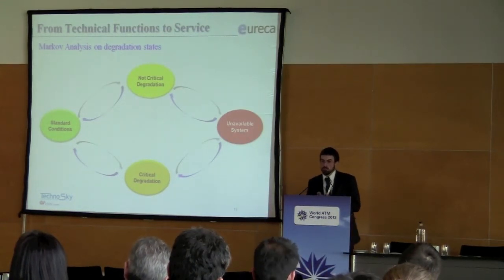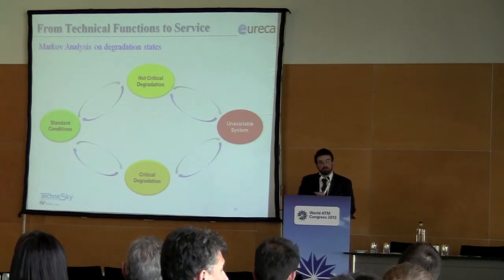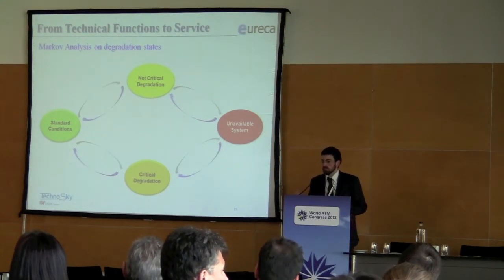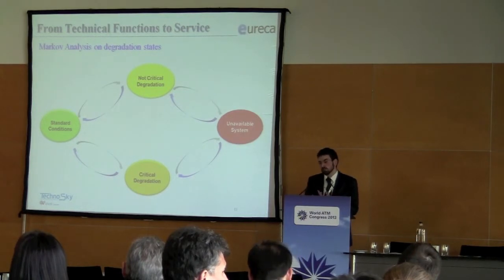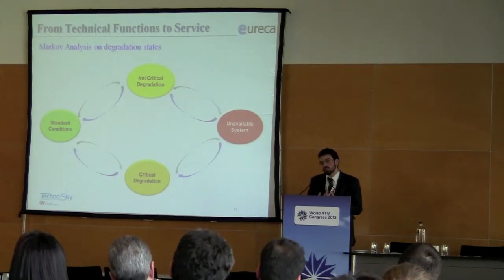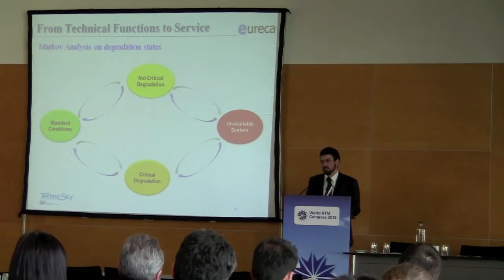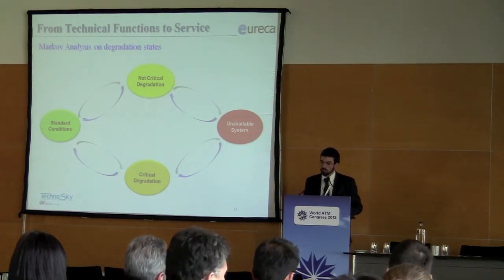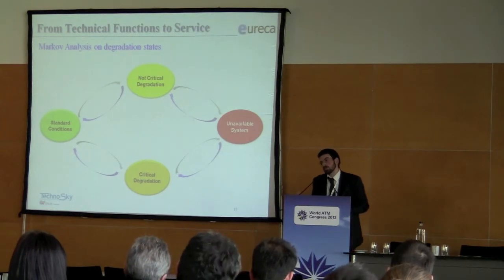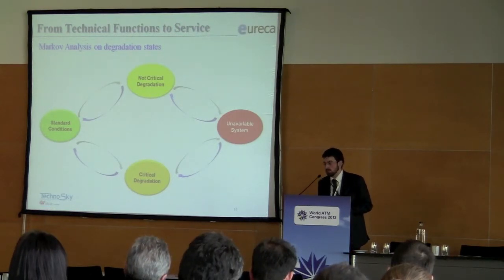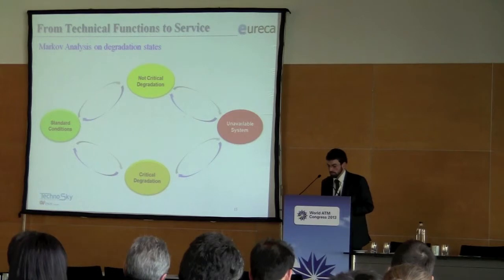But this is very important because, from the point of view of resilience, Markov is very close because we know which are the states, and we know which states are safe and secure, and we know which are the transitions. So this is a very good example of resilience from the point of view of equipment, of course.